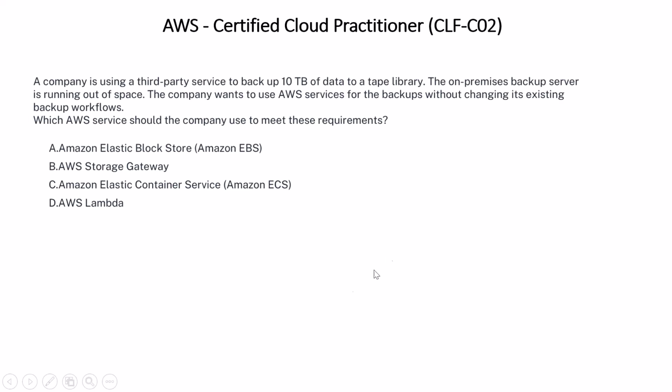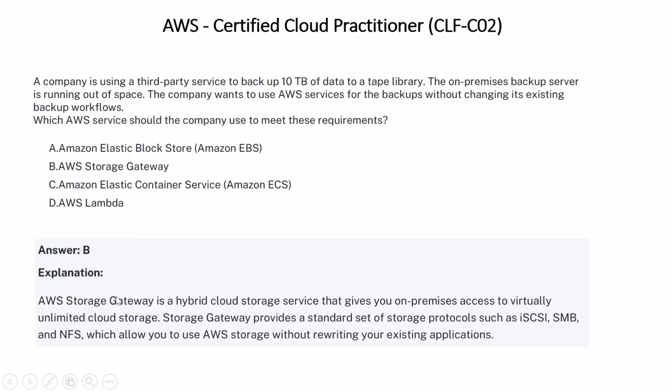The correct answer is option B, AWS Storage Gateway. AWS Storage Gateway is a hybrid cloud storage service that gives you on-premises access to virtually unlimited cloud storage. Storage Gateway provides a standard set of storage protocols such as SMB and NFS, which allow you to use AWS storage without rewriting your existing applications.